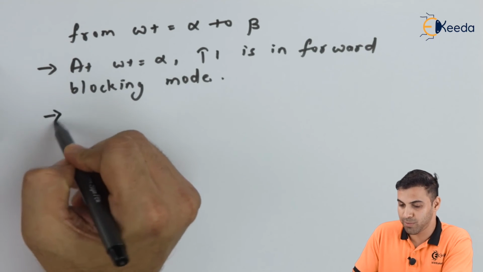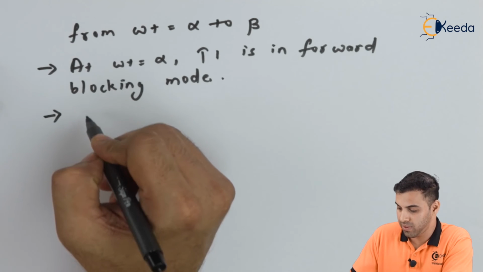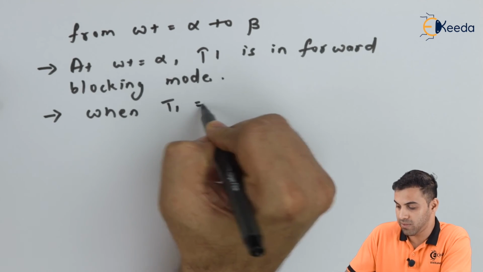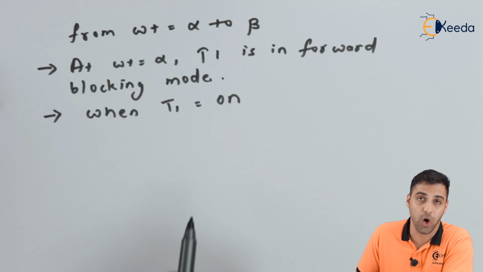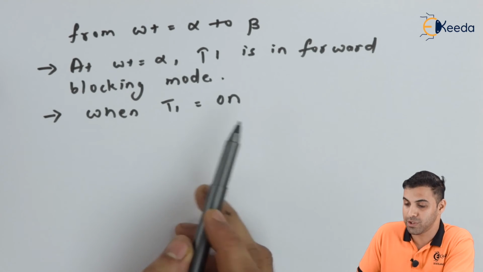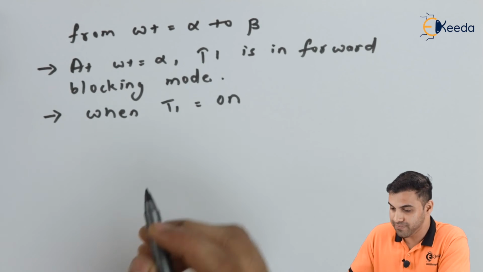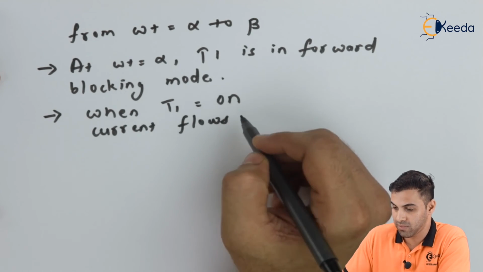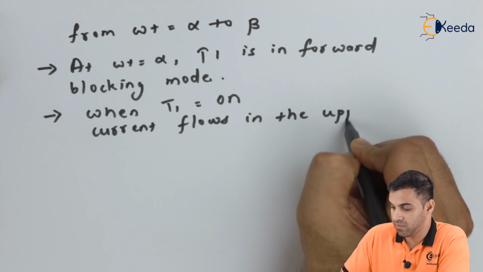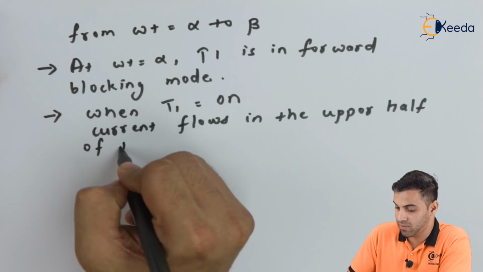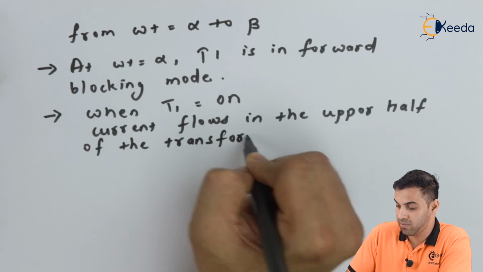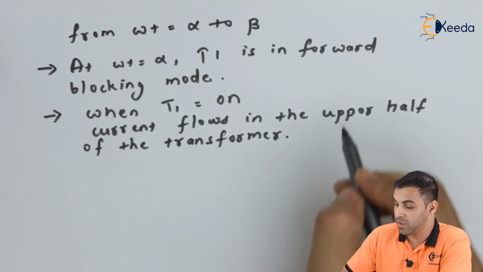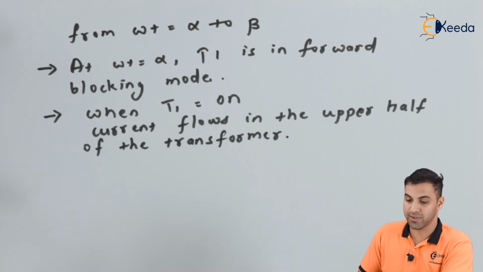Now, the second most important point would be, when T1 is on, the current flows in the upper half of the transformer.